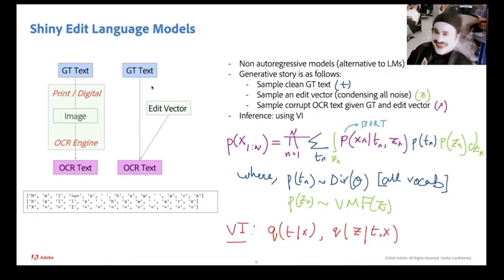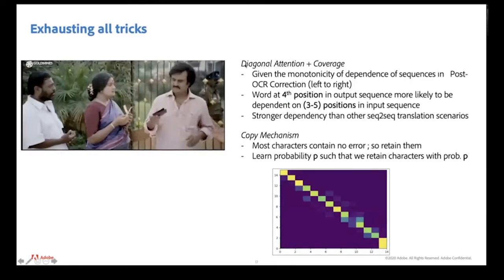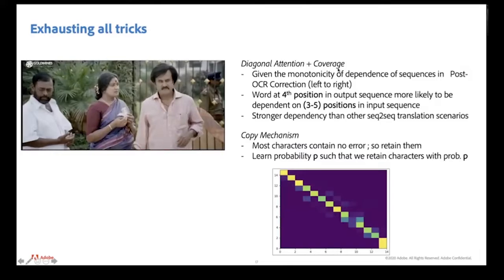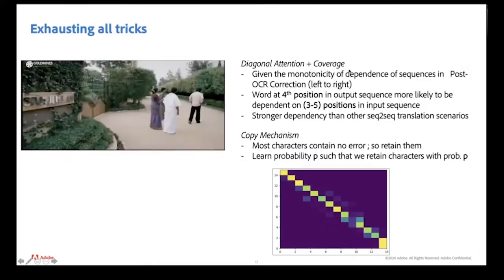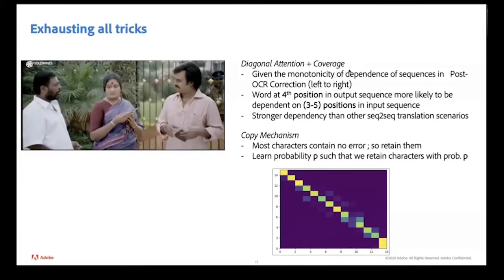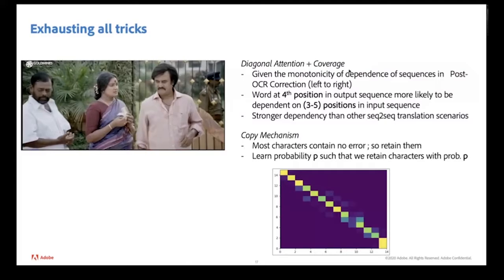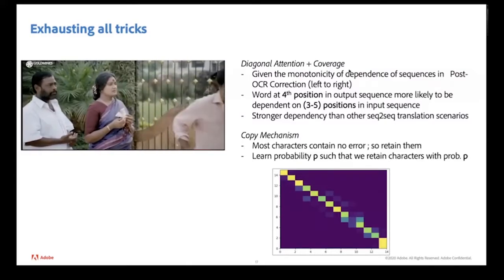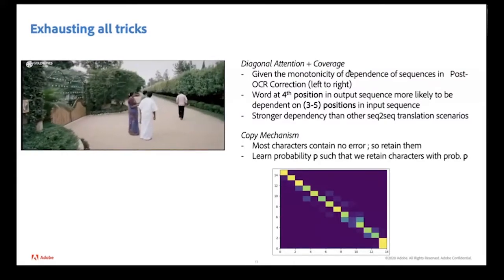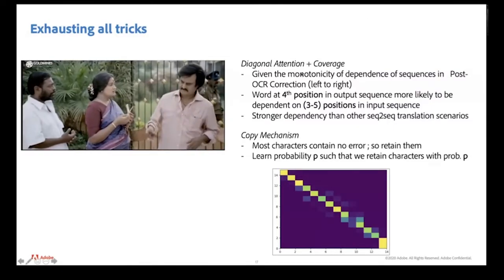We tried other tricks also, like diagonal attention plus coverage, where the idea is that since the dependence between OCR text and ground truth text is monotonic, it makes sense for the diagonal elements in the attention matrix to be filled more prominently than other parts.